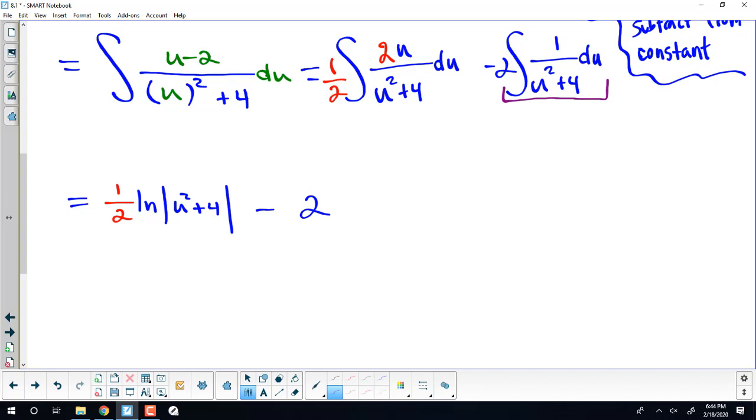It's 1 over 2 arctan of u over 2, plus c. Correct. So this is number 12, with a equal to 2. So it's 1 over a inverse tangent of x over a.